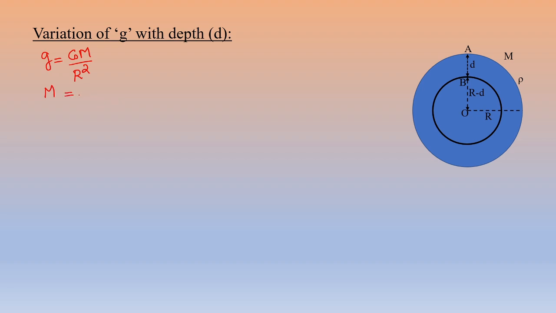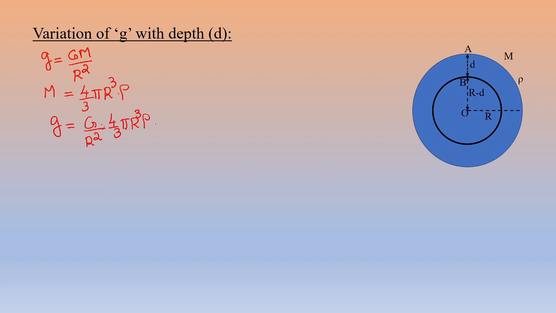So capital M is equal to density into volume. The volume of the earth is equal to 4 by 3 pi R cube, into density rho. Therefore, we can express g is equal to G by R square into M, that is 4 by 3 pi R cube rho.